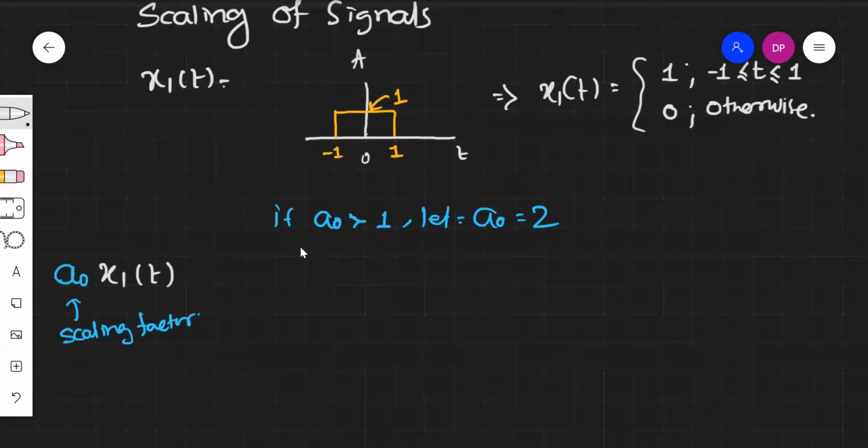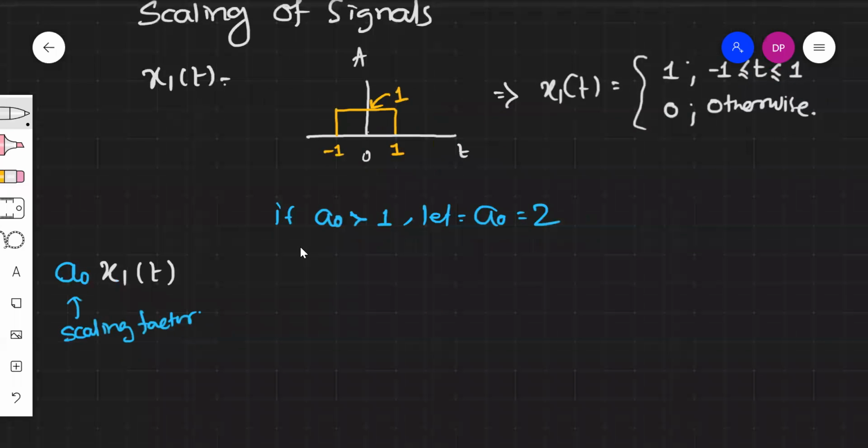Now we would like to scale the amplitude of x1 of t with a scaling factor a naught, and a naught is greater than 1, and I have assumed the value of a naught to be equal to 2. What will be a naught into x1 of t? And what will be the mathematical expression? So let's take this as the x-axis this time, and this is the y-axis.